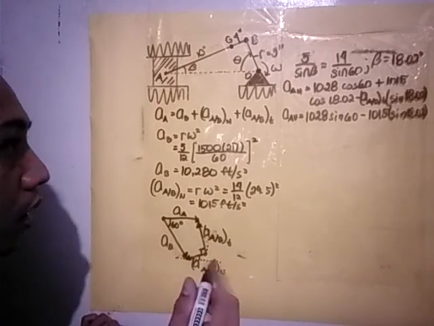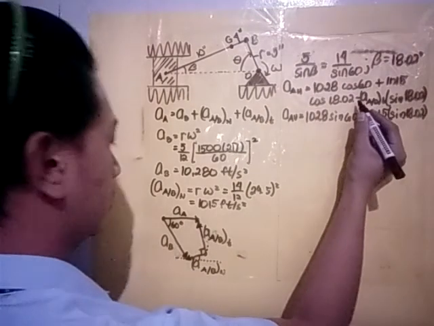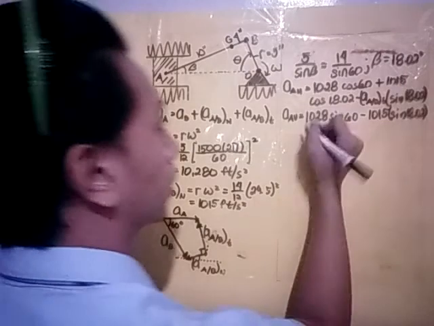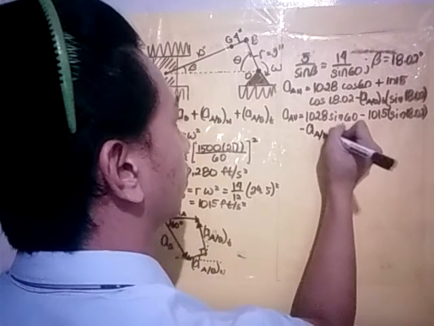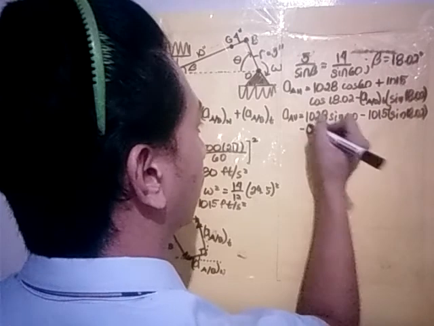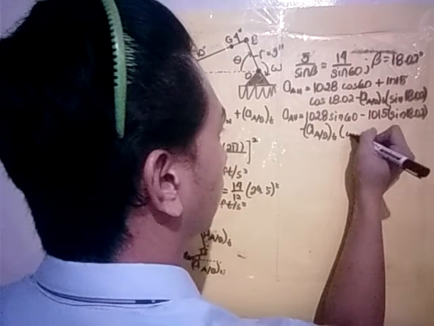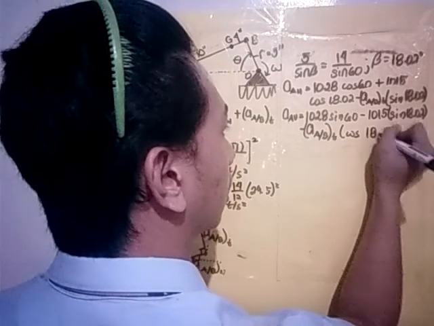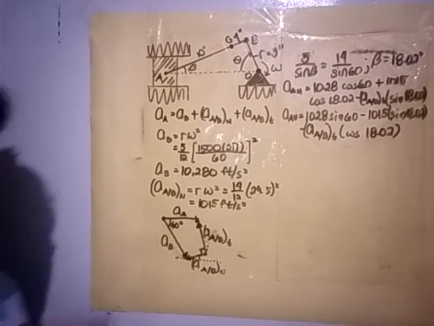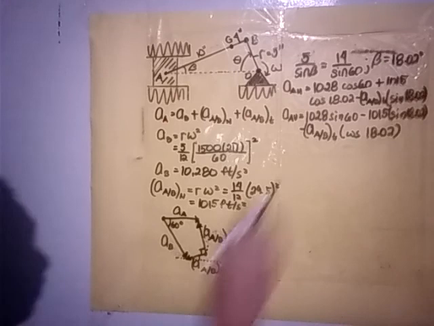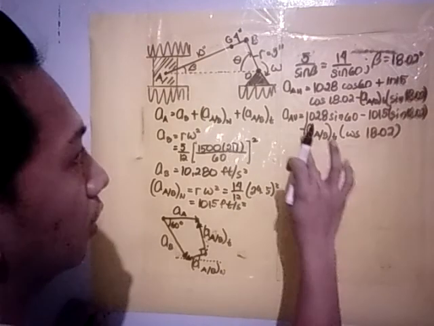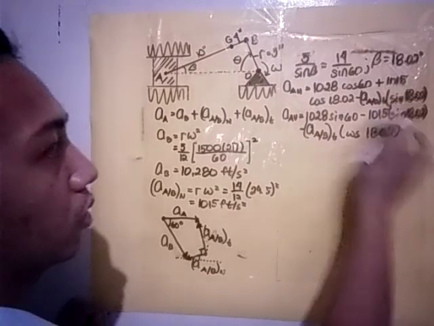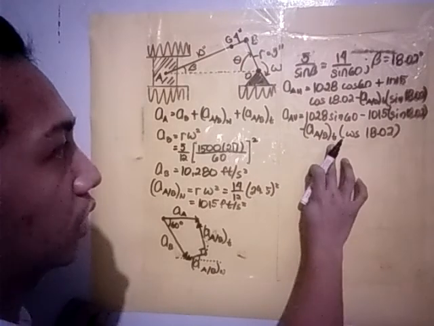Now it is also negative. So minus A AB tangential, this sine, now cosine naman siya, 18.02. So from this equation makukuha natin yung value ng tangential natin.